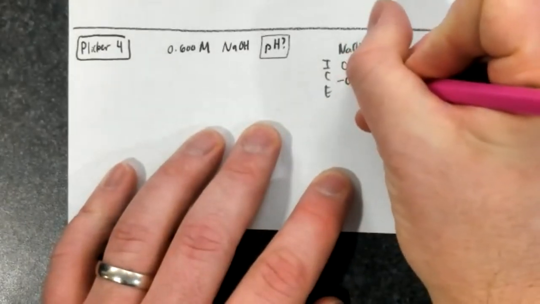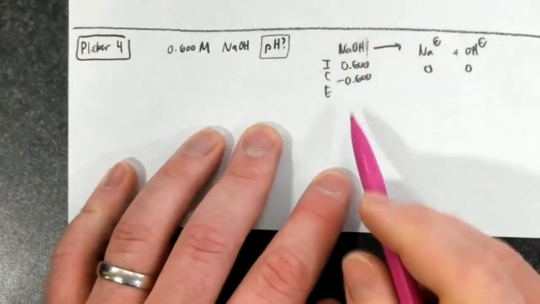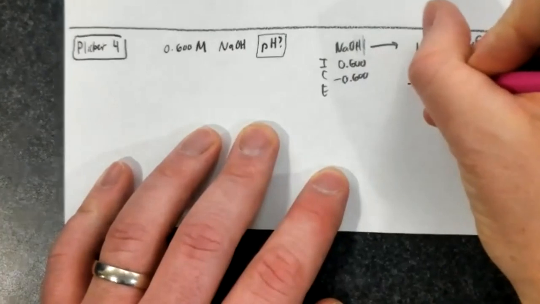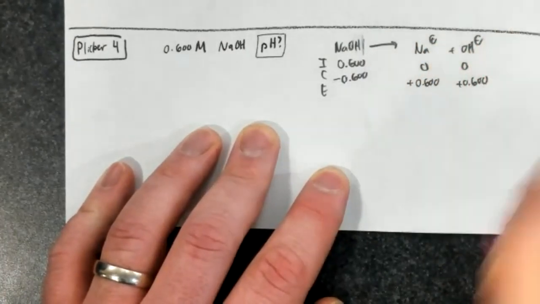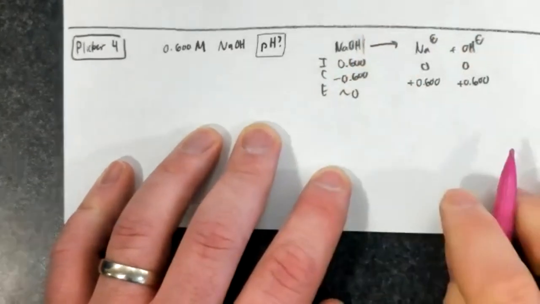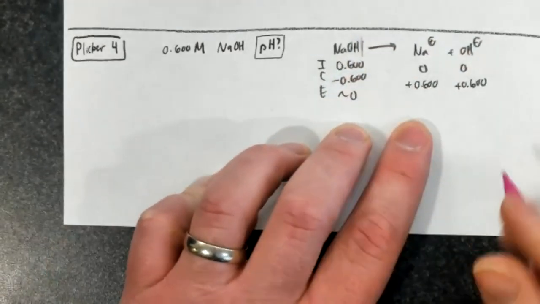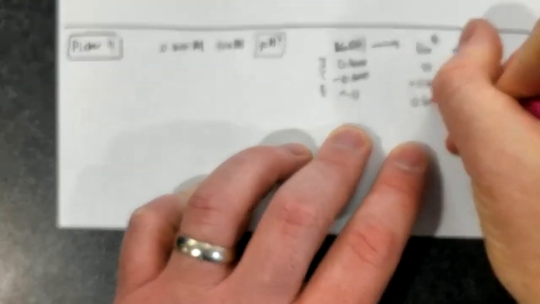Since this is a strong base, all of my base gets converted into my corresponding products. So I functionally have no sodium hydroxide remaining. I just have the corresponding ions in solution.